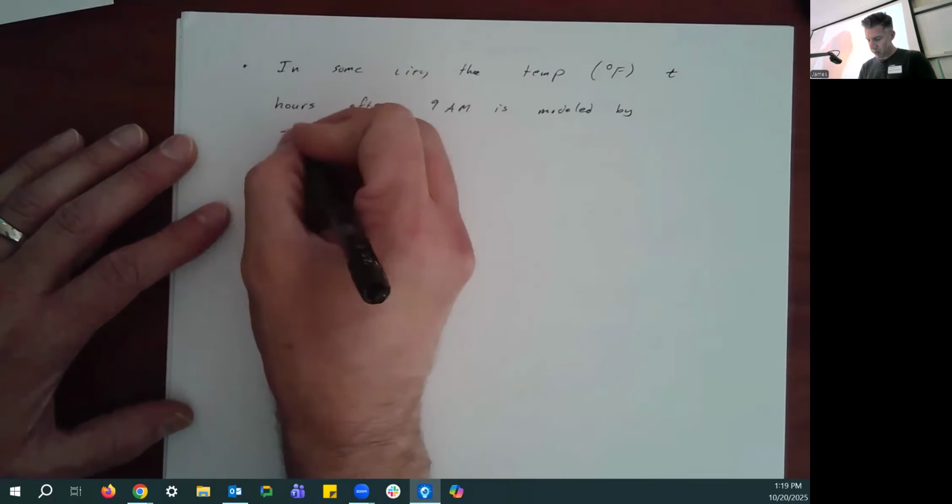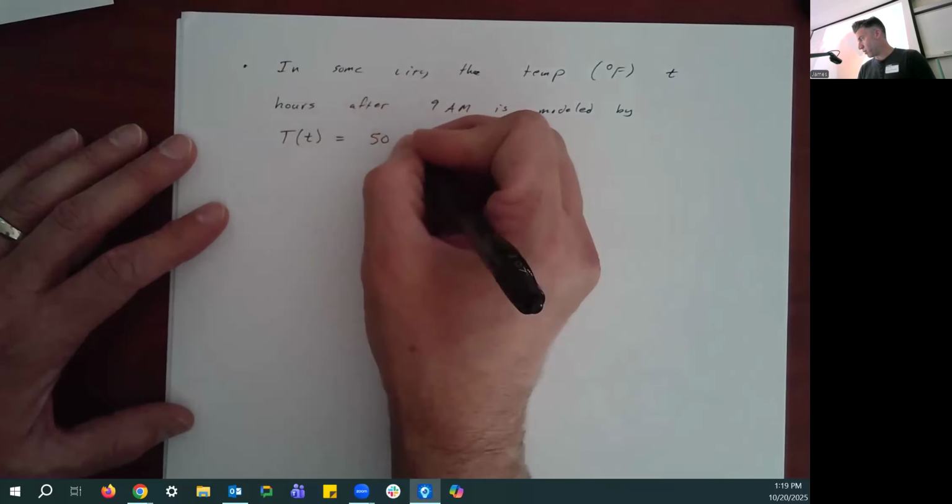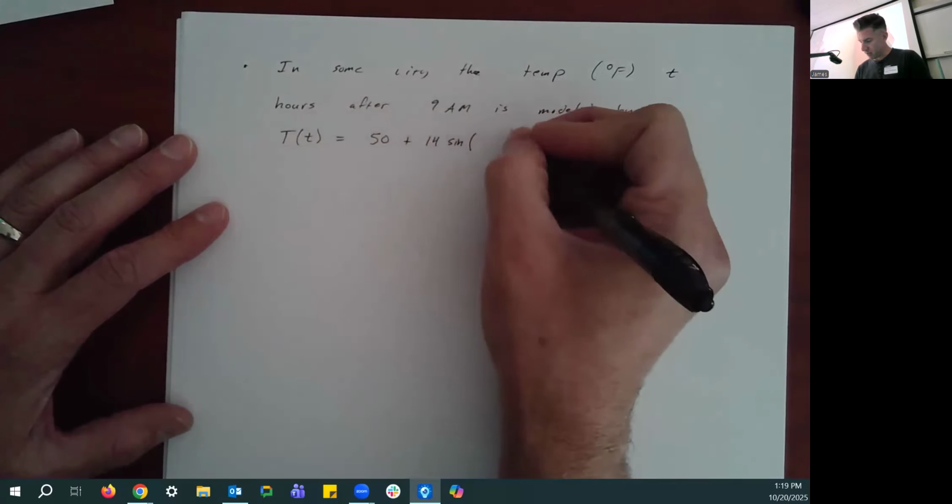The temperature at time T is equal to 50 degrees Fahrenheit plus 14 times sine of pi times T over 12.